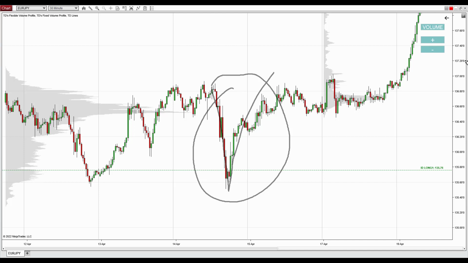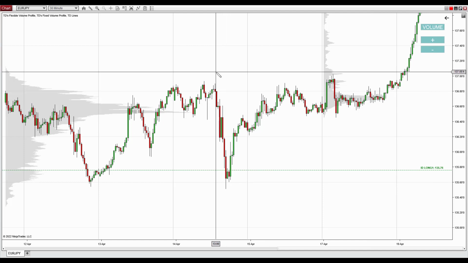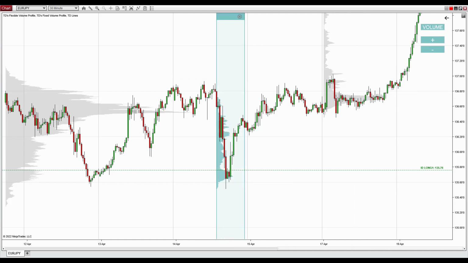What you want to see in such a rejection is a significant volume zone like this one, close to the rejection point. This is the rejection point, where the price turned. What's important here is this volume cluster, those heavy volumes.